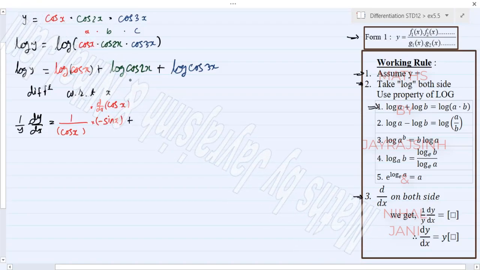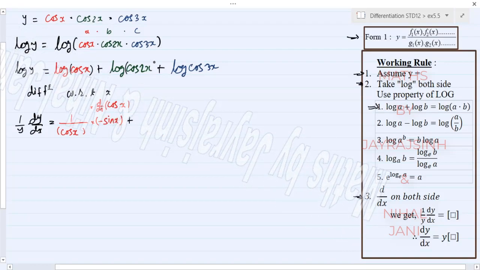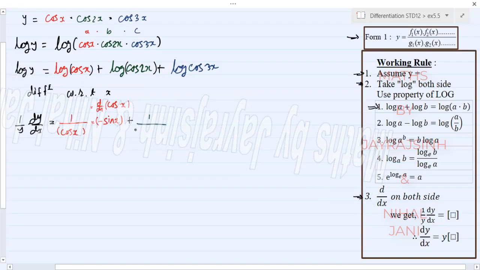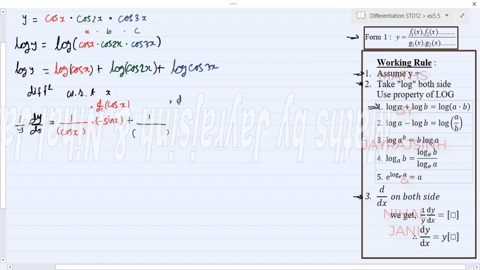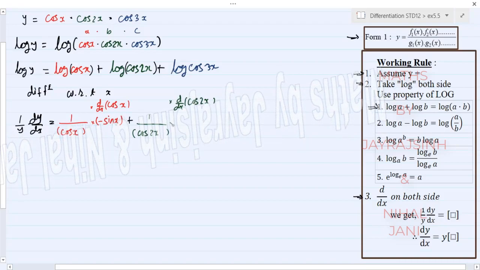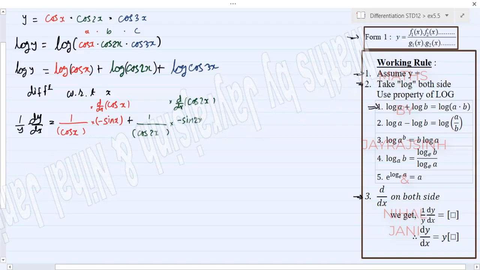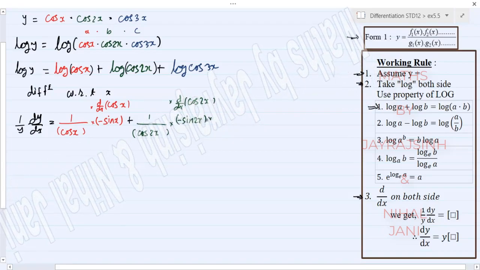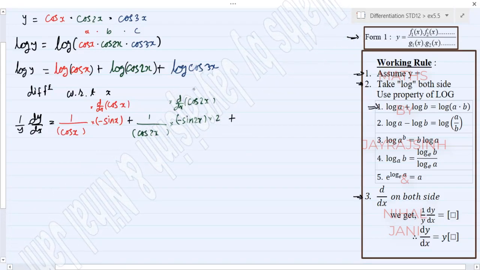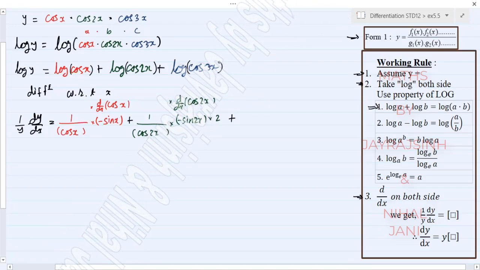plus, to differentiate log cos 2x, we consider a box around the cos 2x. Differentiation of log box again will be 1 upon box into d by dx of box. Within the box we have cos 2x, so differentiation of cos 2x will be minus sin 2x into the coefficient of x, or we can say differentiation of 2x, which is 2, plus, to differentiate log cos 3x, we consider a box around the cos 3x.